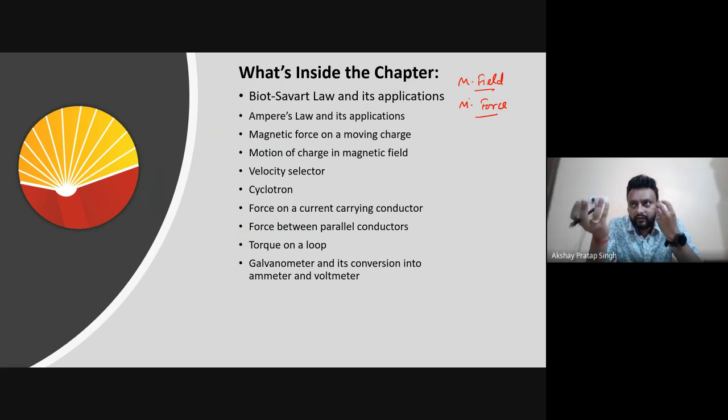In magnetic field we will discuss what are the sources that can create magnetic field and how to calculate that particular magnetic field created by a source, and then the amount of force that is being created by this magnetic field we need to calculate. So that's all about the syllabus. You can see the breakdown of the syllabus here.